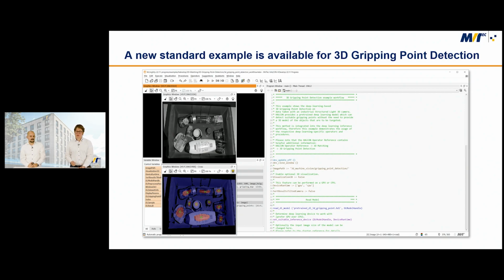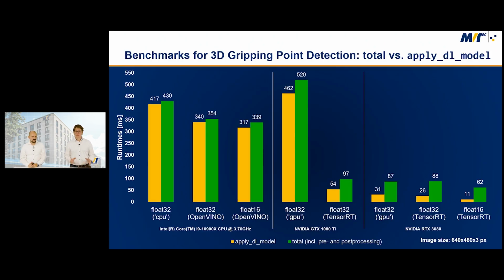And of course, there's always the question, how fast is it? We have done some benchmarks, and the point that we want to drive across with the benchmarks that we showcase here is that the total processing time is always a little bit dependent on your CPU, because pre-processing and post-processing will always run on your CPU. But the applied DL model will take up huge amounts of your total processing time unless you provide the 3D gripping point detection with a suitable computing device.